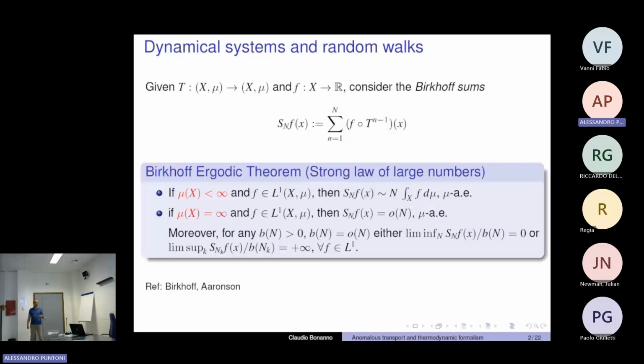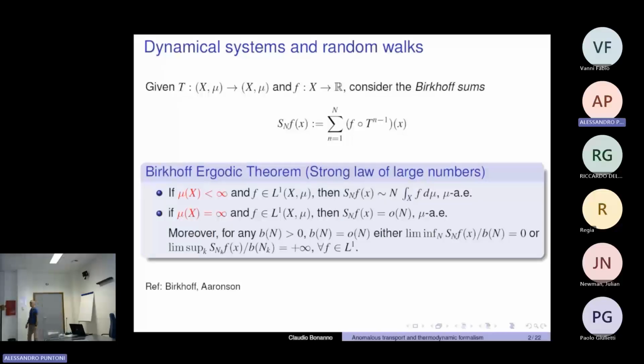A very basic result is the strong law for these sums, in particular the almost everywhere convergence. But even this simple result shows there is something which is not always so simple. In particular, I didn't stress the fact that mu should be a probability measure.